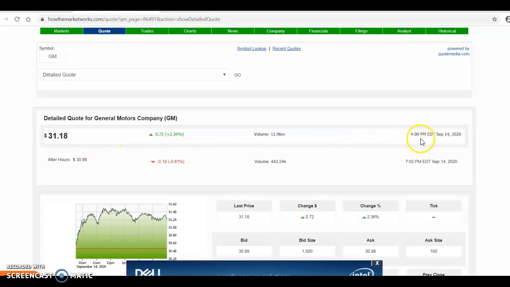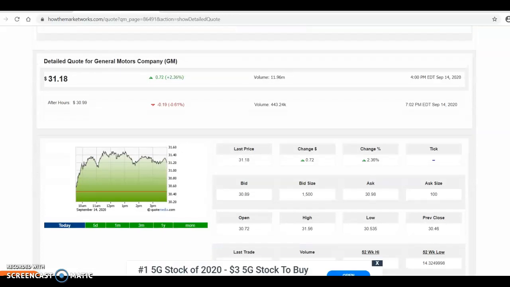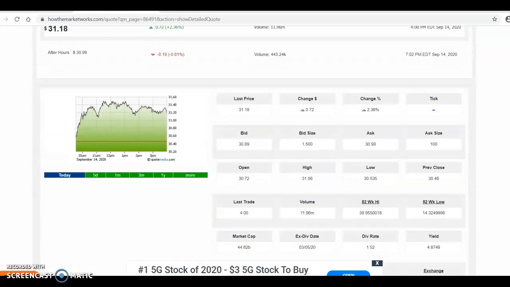The market closes at 4 o'clock. So as of 4 o'clock, the share price was $31.18. Okay, and the market doesn't officially activate after 4 o'clock.